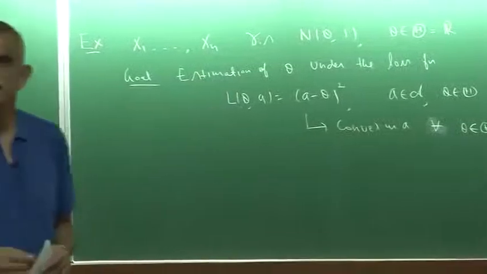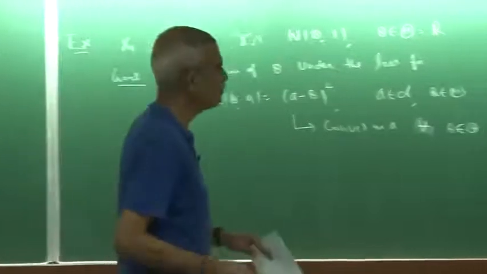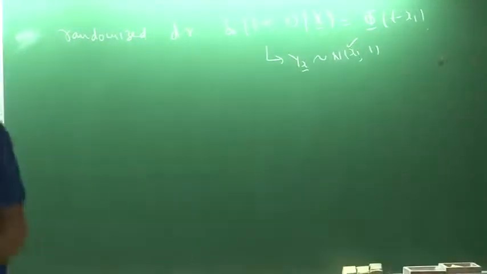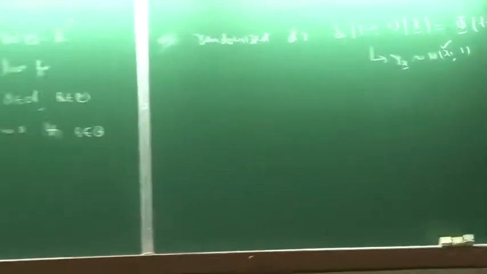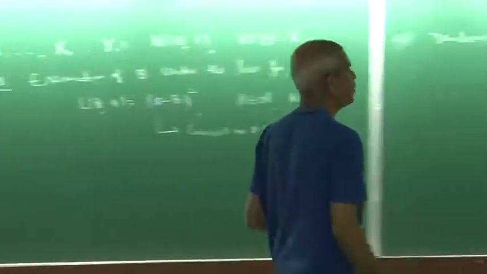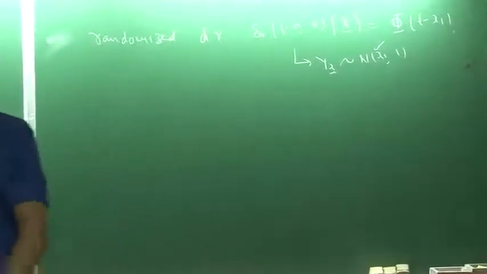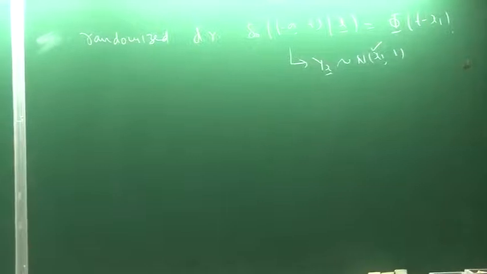What this randomized decision rule does is, after observing x, it looks only at the first observation x1. Once you have observed x1, x2, up to xn, it doesn't bother about x2 to xn. It generates one observation from a normal distribution with mean x1 and variance 1, and whatever that observation is, that is taken as an estimator of theta.